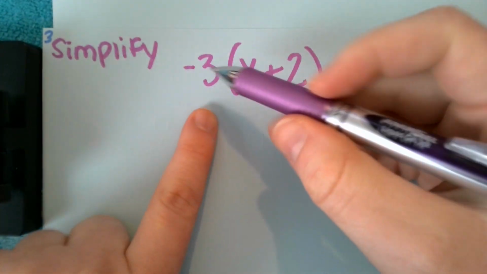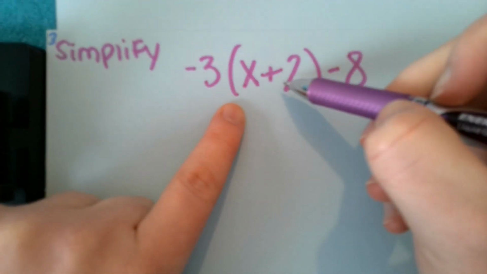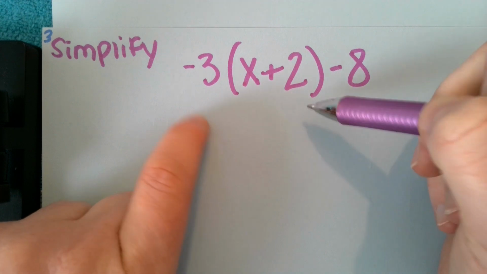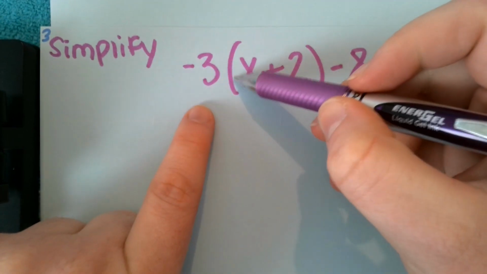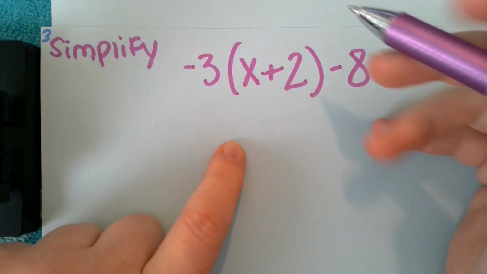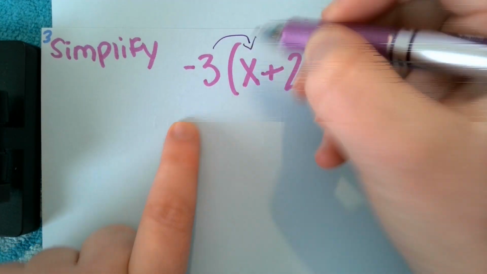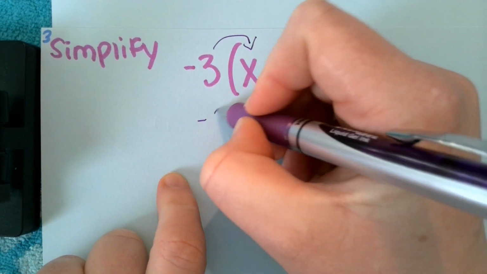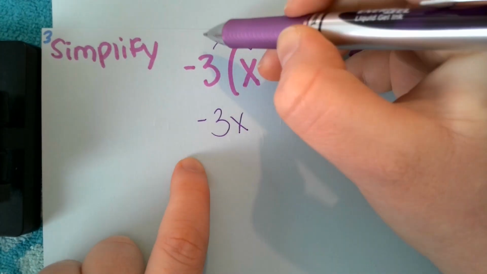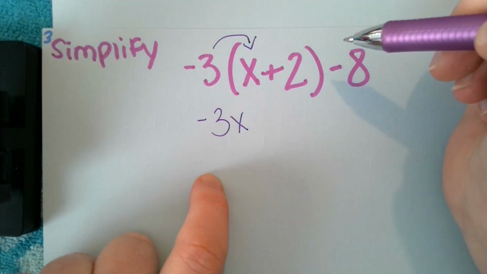Well, we see that we're taking away 3 groups of x plus 2. And then we're taking away 8. So taking away 3 groups of x plus 2, we can go ahead and distribute. Negative 3 times x is negative 3x. We're removing 3 x's.